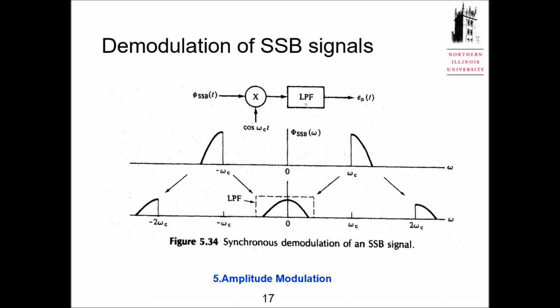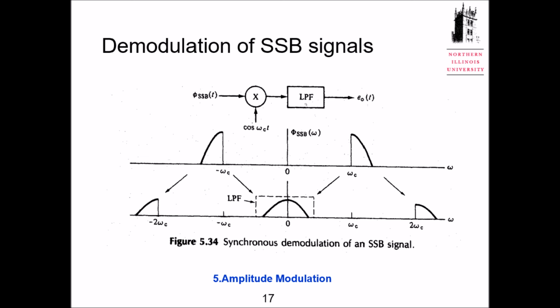Okay, so this one is important. We use a coherent detector to get my information from the carrier. The carrier should be the same as your transmitted signal's carrier. And how about the low pass filter?